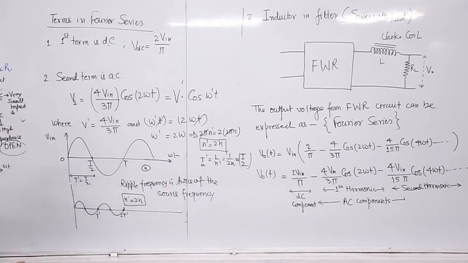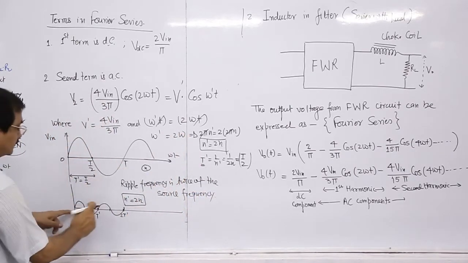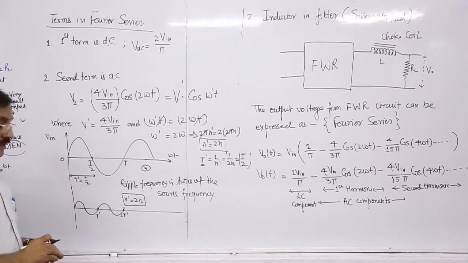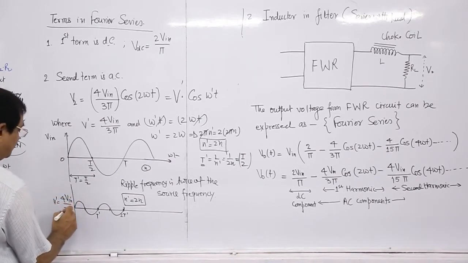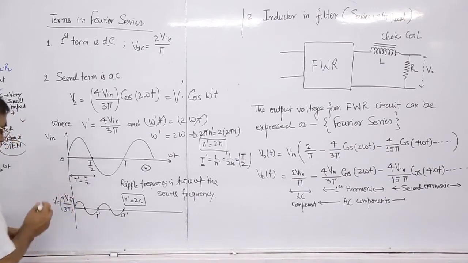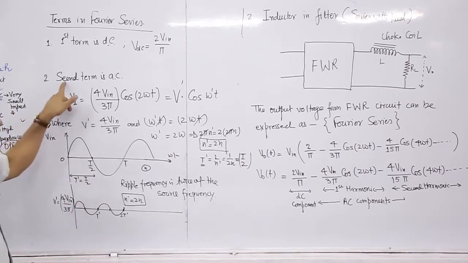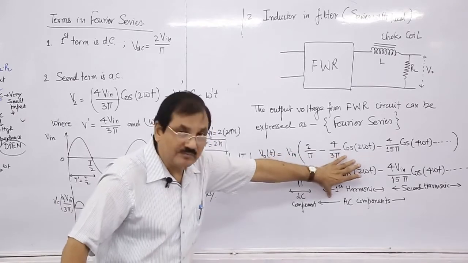And here it is V dash, and V dash is 4 V in by 3 pi. So, this is the second term.